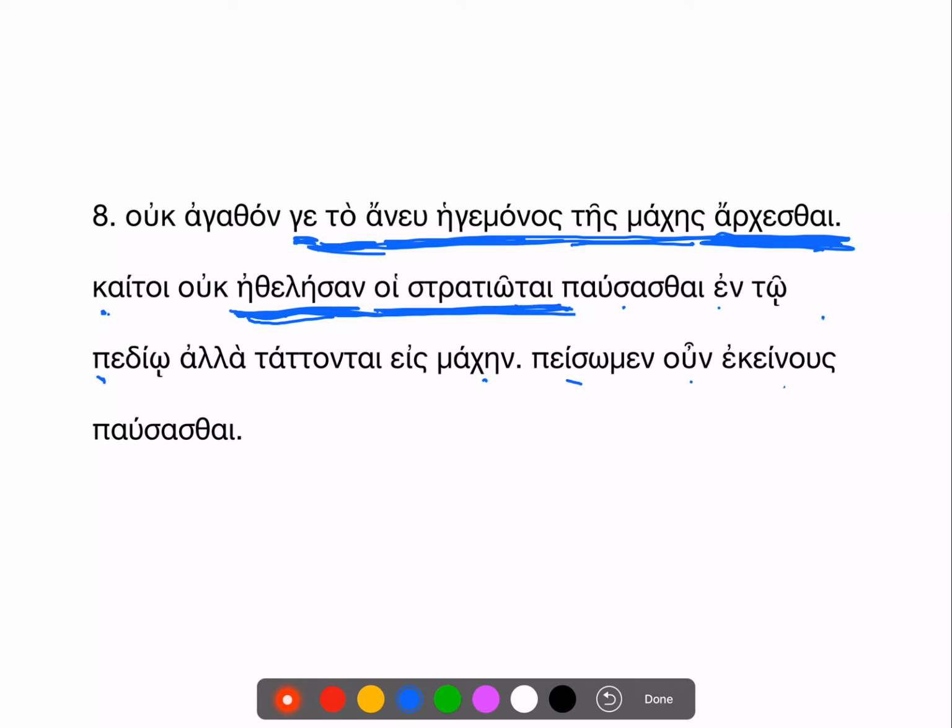The soldiers didn't want, ouk. They didn't want pausasthai. Okay, so that's aorist middle. They didn't want the middle of pauo to cease, maybe. They didn't want to cease in the field, en toi pedioi, in the plain.